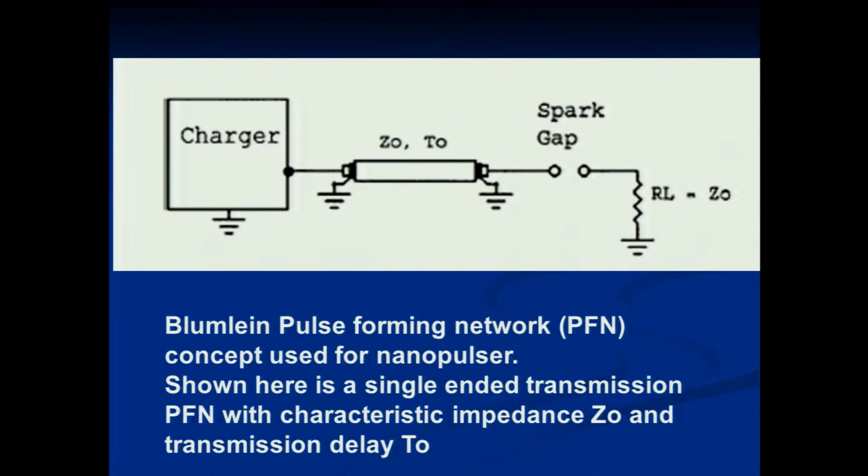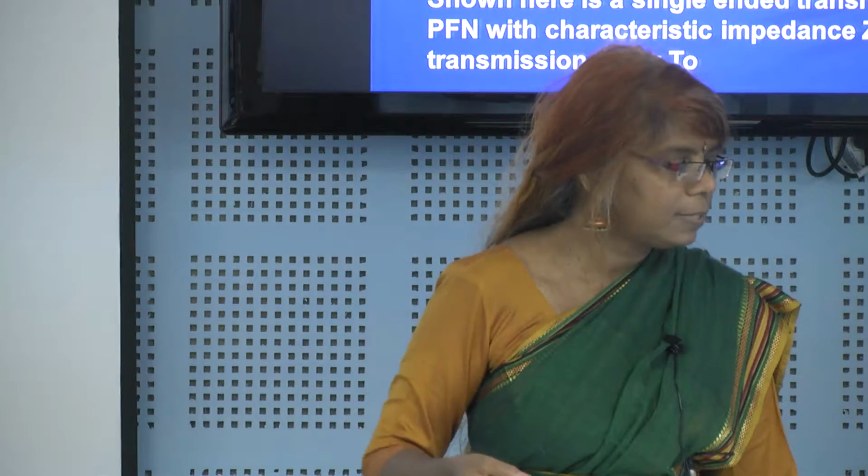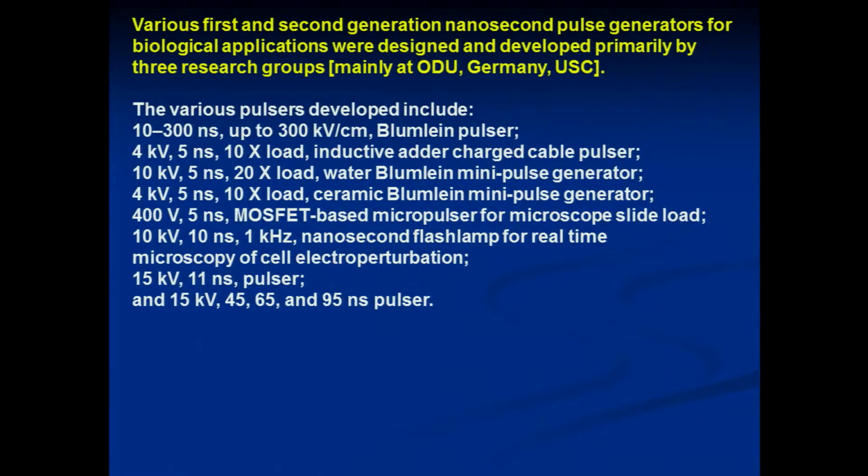That's what they did in Germany and in the US, at another school, because they wanted very high voltages, like these people, you see, 300 kV per centimeter, 10 to 300 nanosecond, and another one did 4 kV 5 nanosecond, and then 10 kV 5 nanosecond, and then 4 kV 5 nanosecond, a ceramic Blumlein mini pulse generator.